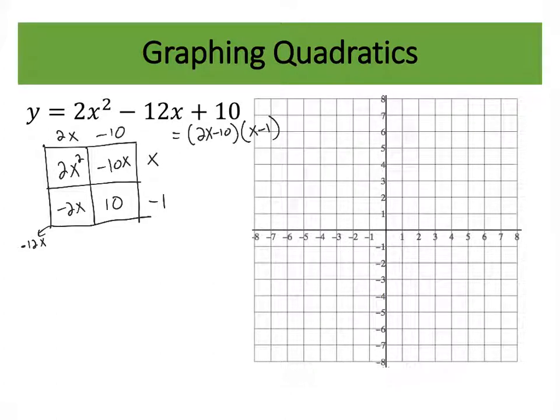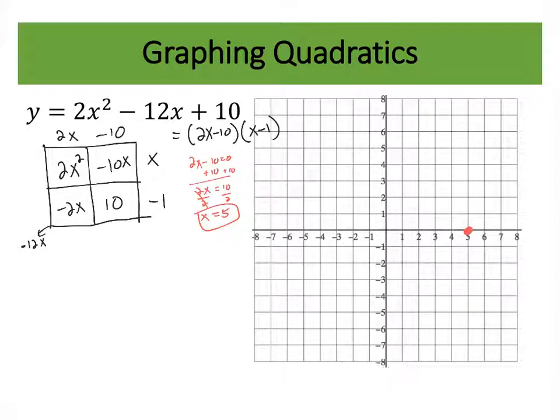Now I need to think, what values of x get us to 0? If 2x minus 10 equals 0, then 2x equals 10, and x has to be 5. So that's one of my roots, and I'm going to plot that on this picture.